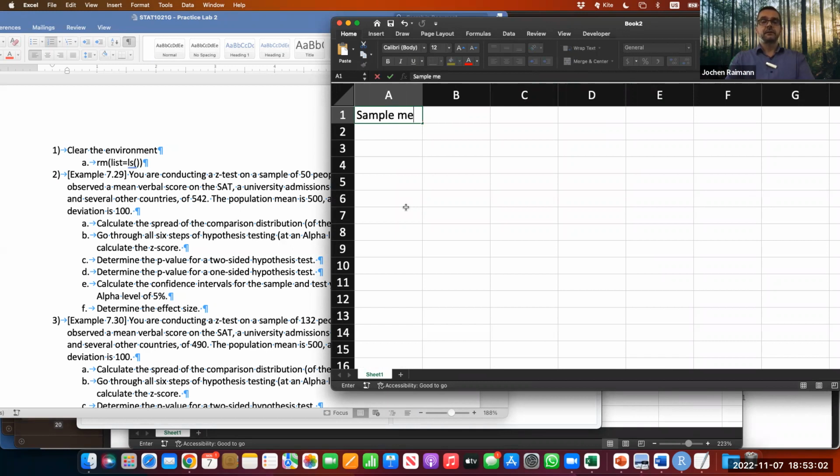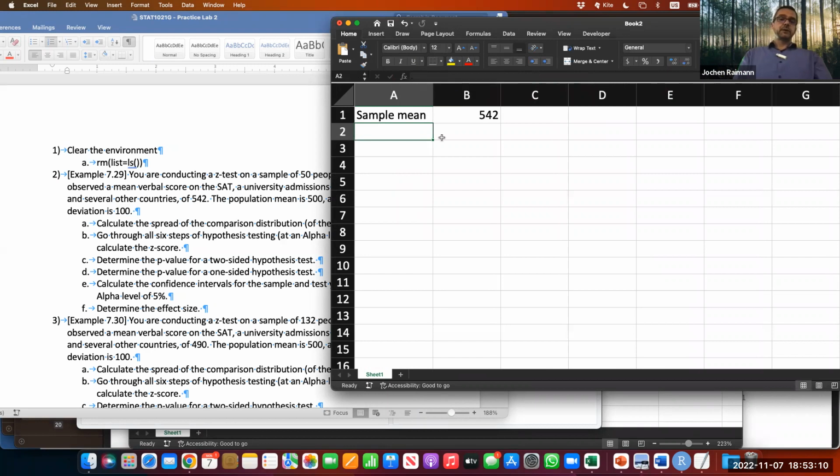Should we open up Excel also? Yes. We have a sample in our Excel sheet. No, you don't have to hand in the Excel. You can follow along or not follow along with me. I want you to have the recording so that you can go through each step of this calculation. If you don't want to follow along, I'm not forcing you to do that.